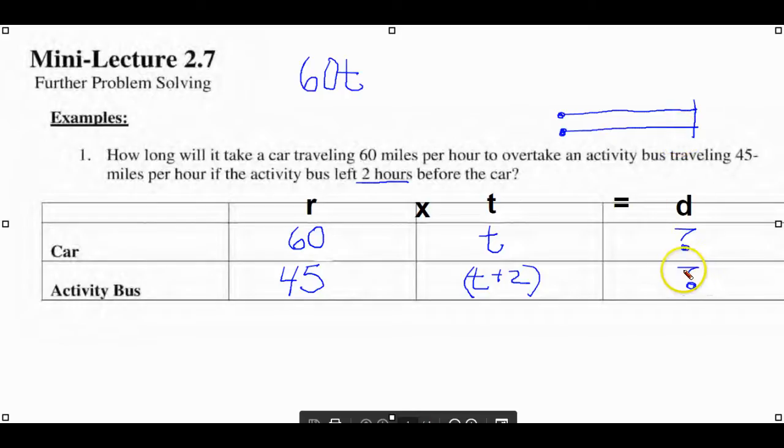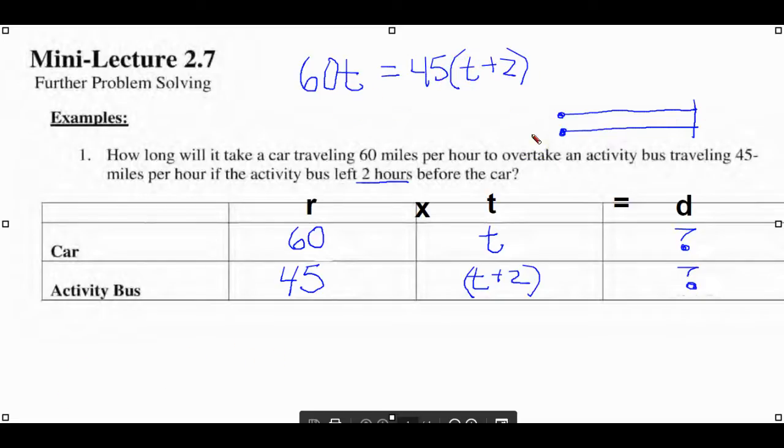So where we don't know the specific distance, we know that this distance equals this distance. And we know that rate times time is distance. So this will equal 45 times t plus 2. Rate times time. And these distances are the same.